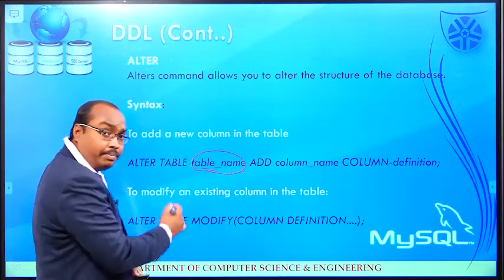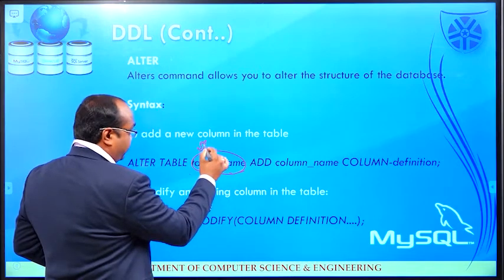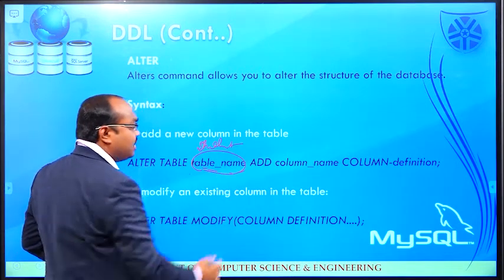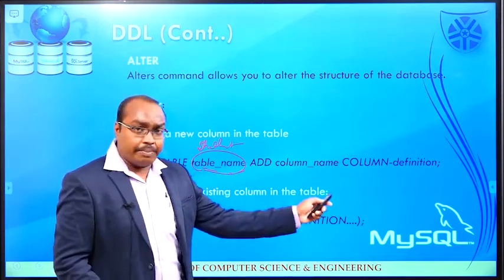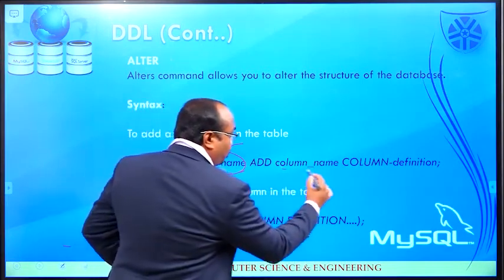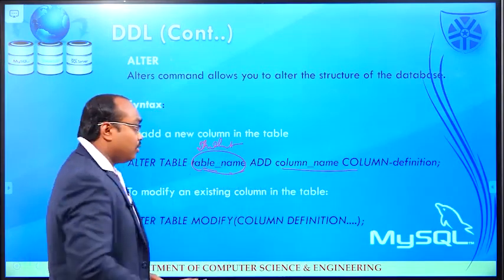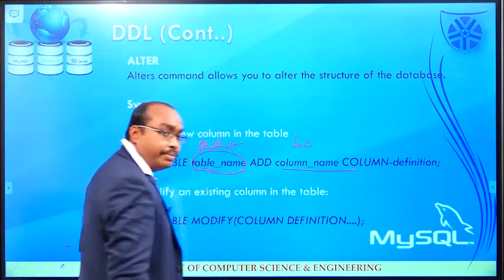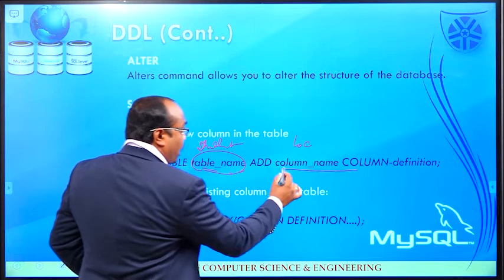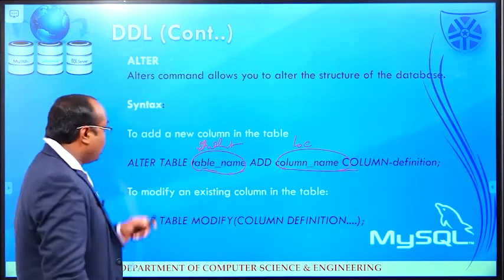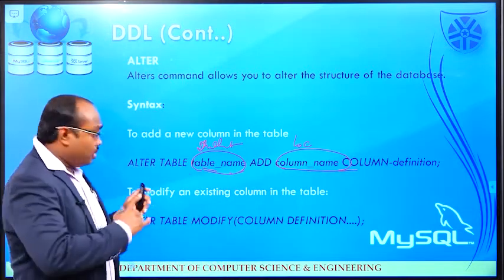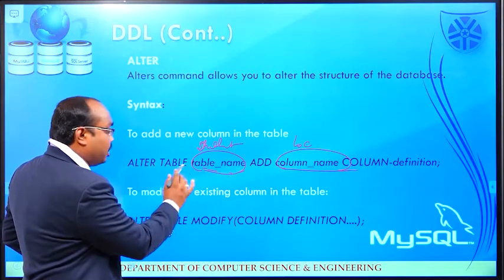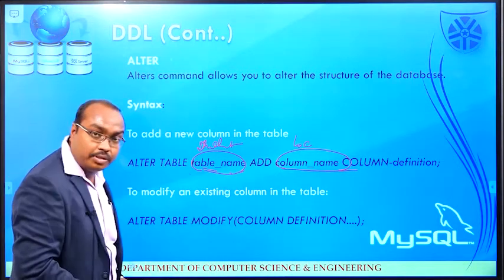Alter table, what is my table name? Student. Add column name. Here we have to add a new column; for example, I want to add a new column, location. So finally, the syntax is alter table name, add column names.